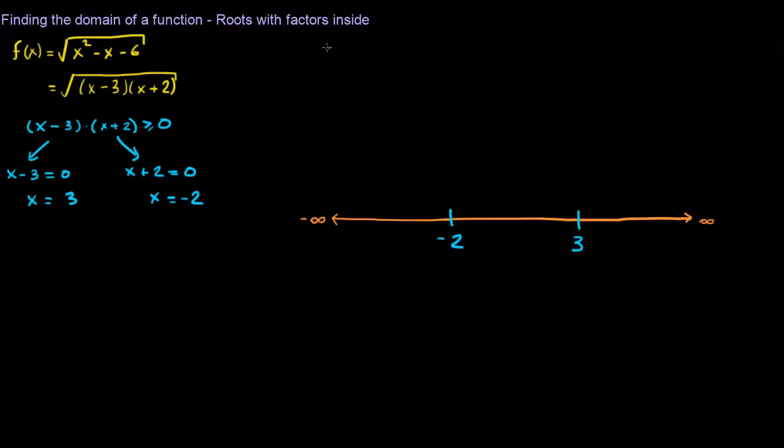So I'm just going to pick the simplest possible values. Here it's x equal to negative 10. Now here I'm going to pick x equal to 0, and here I'm going to pick x equal to 10.